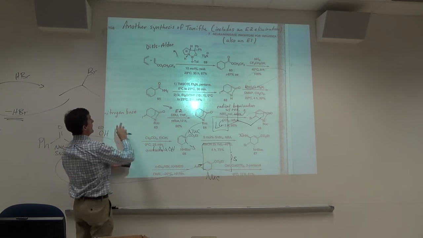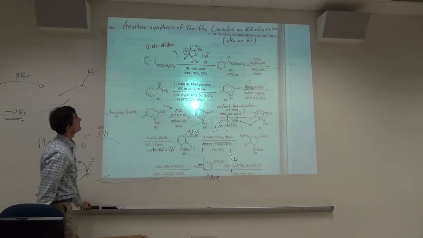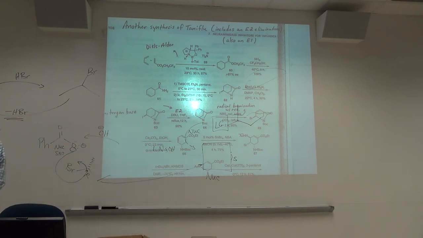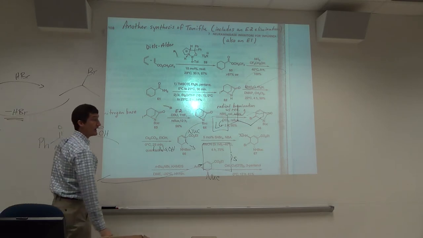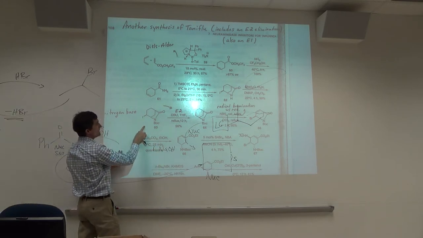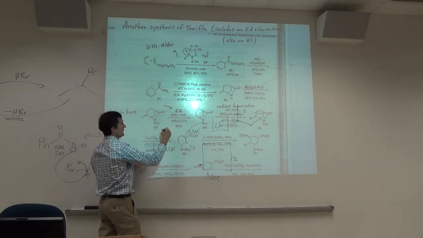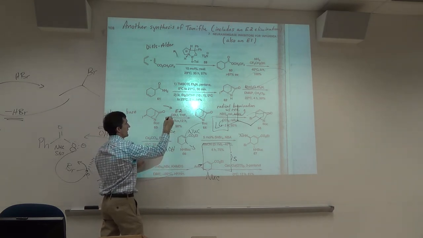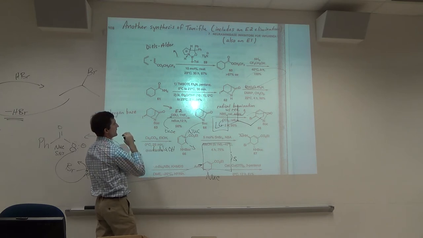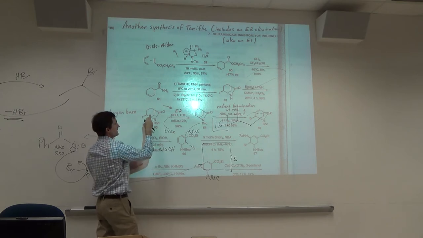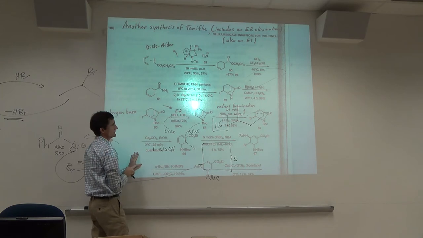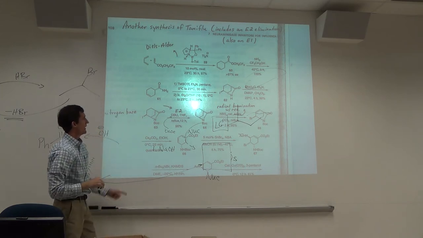For example, here's a synthesis of a compound, Tamiflu. Hopefully you don't have to take that this season. Right here, they do an E2 elimination. DBU is a base. THF is a solvent. What are they eliminating and going to here? The iodine is leaving.